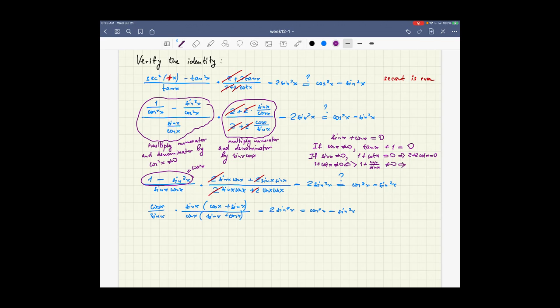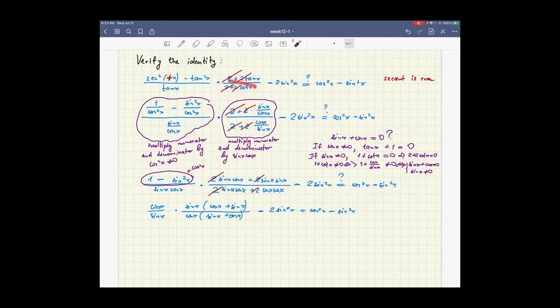We can multiply this by sine x to get that sine x plus cosine x is not 0, and sine x is not 0. So no, this answers my question. Sine x plus cosine x cannot be 0. That is the requirement of existence of the original identity.